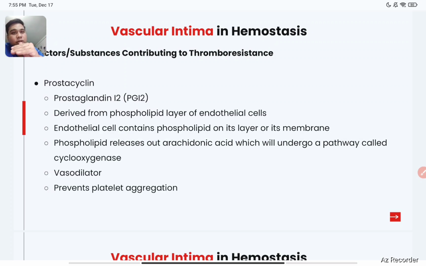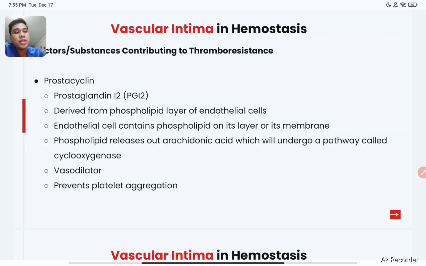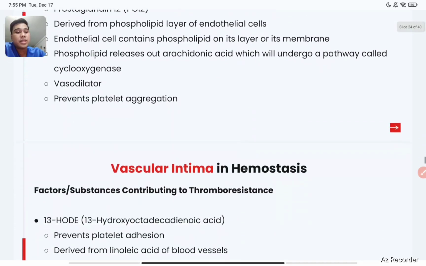By your cyclooxygenase, mafo-form si thromboxane, prostacyclin, and prostaglandins. So your endothelial cell contains phospholipid on its layer or its membrane, and the phospholipid releases out arachidonic acid, which will undergo a pathway called cyclooxygenase. So your prostacyclin is a vasodilator, and it prevents platelet aggregation.